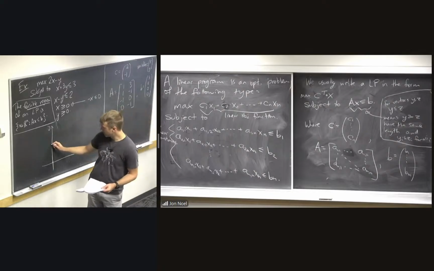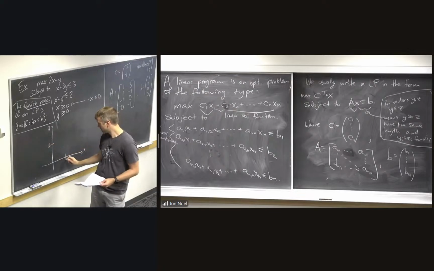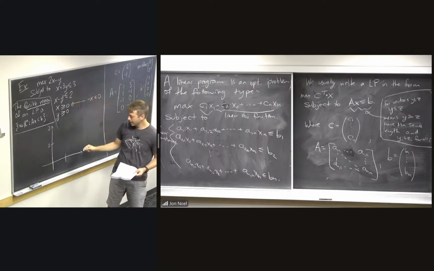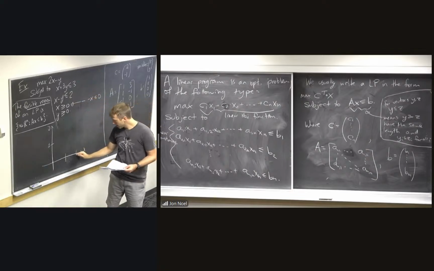So it turns out that the feasible region, meaning the set of all x and y that satisfy all four inequalities, just looks like this.